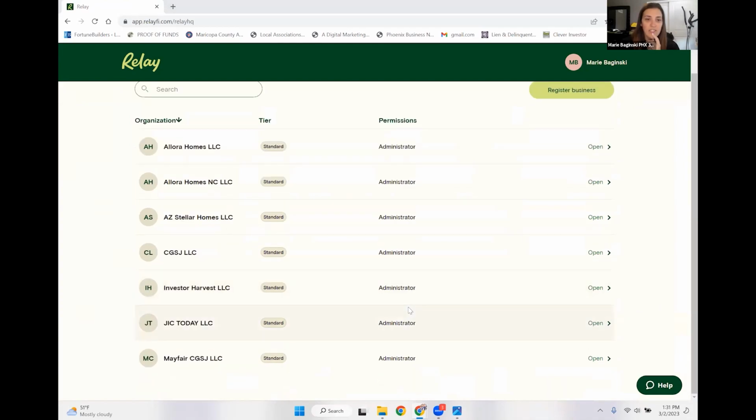But just to give you an idea, this is my entity structure. I literally have every single holding company, and companies that have just rentals in them, all set up in here. I love that I can easily come in here and access all of the companies, and it's very easy to swap between them.